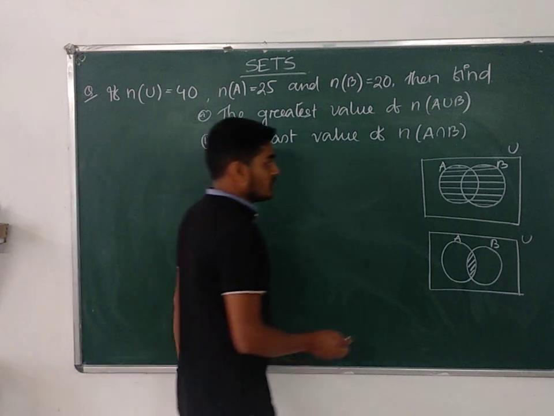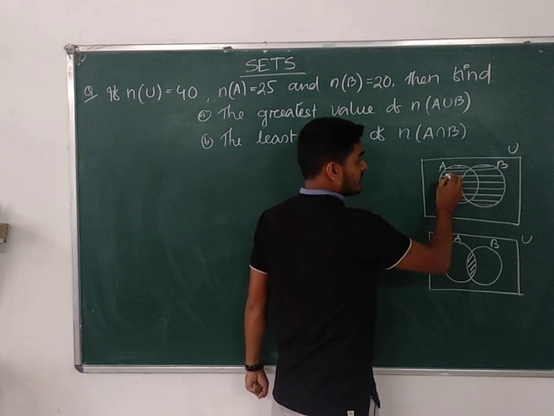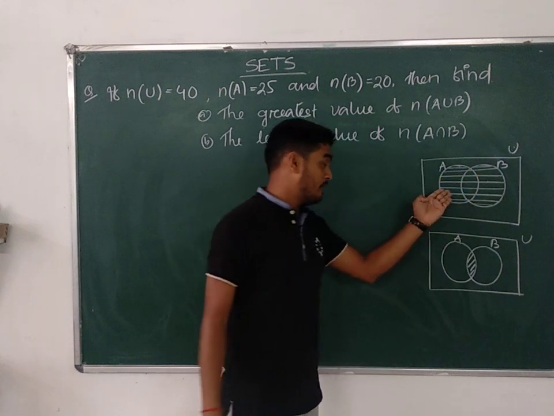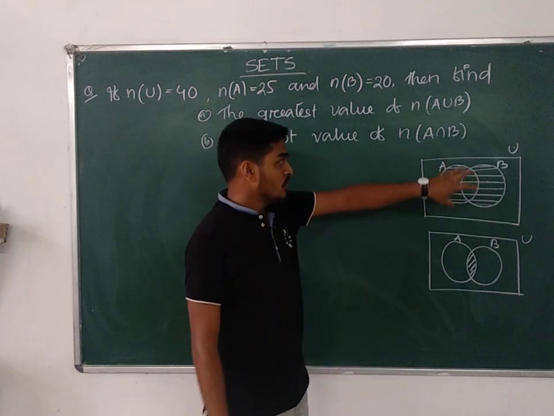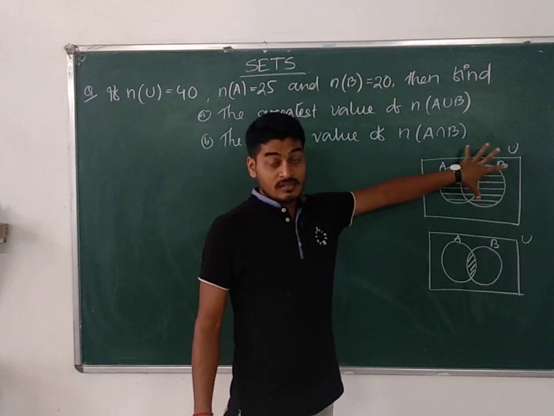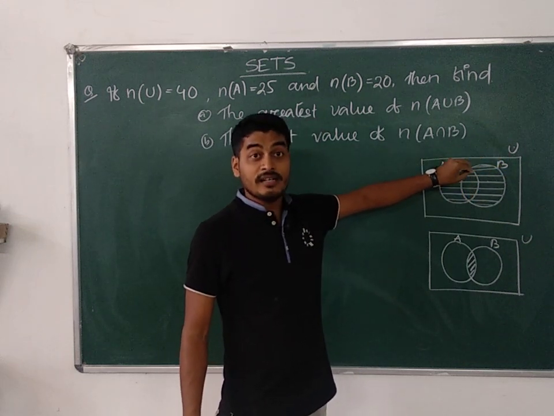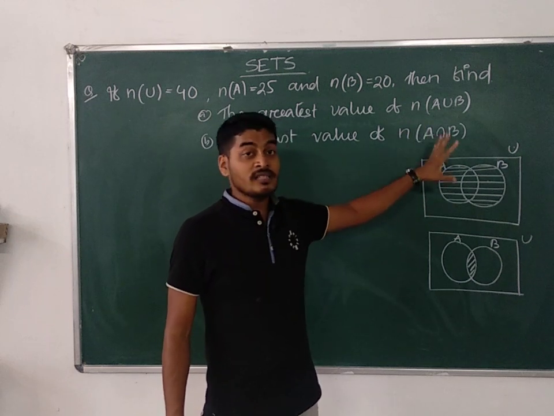Eta kotha tu hol A union B, it is what? U is the universal set, A and B are two sets. This is a Venn diagram for A union B. If any elements are there in A union B, then those elements are there in the universal set.